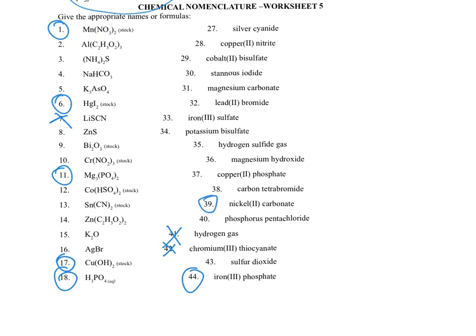I'll do 39. You don't need to be worried about 35. I'll do 33. You don't need to be worried about 30. And I'll also do 27. Let's see if there's anything else that you don't need to be worried about. 34 either. I'm checking to see if there's anything else that I want to cross out.